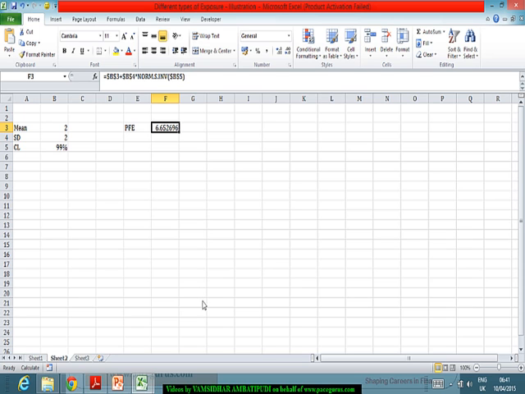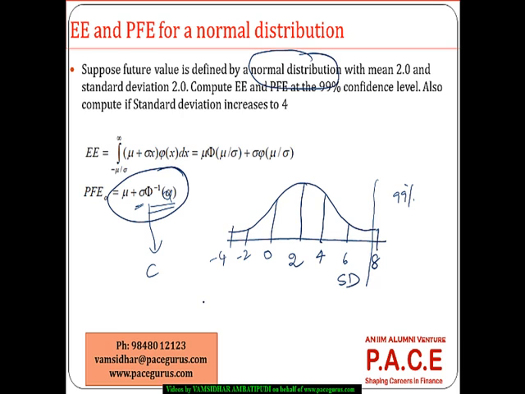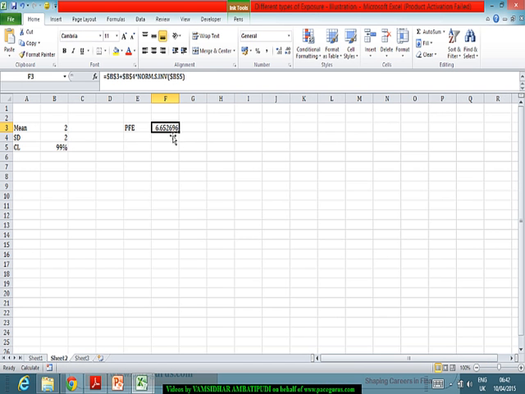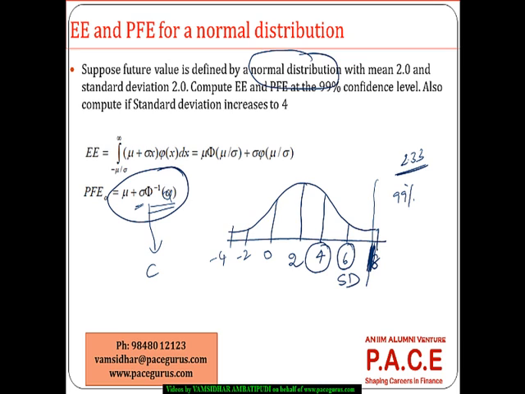I can directly compute it as mean plus sigma times the phi inverse of alpha. The 99% confidence level comes out as 2.33 standard deviations, and that is what is working out to 6.65.